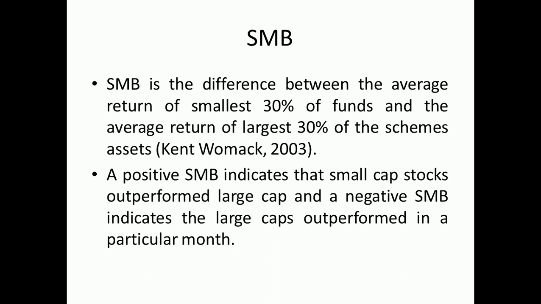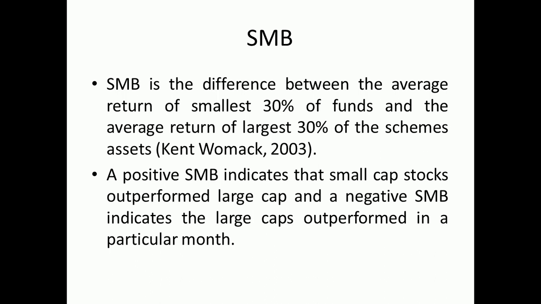SMB is the difference between the average return of the smallest 30% or 50%. You can take any percentage. The author Kent Womack, in his article, specifies that 30 percent of funds is sufficient to calculate SMB.